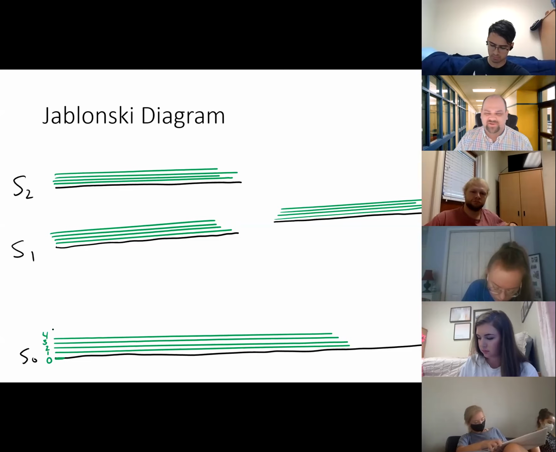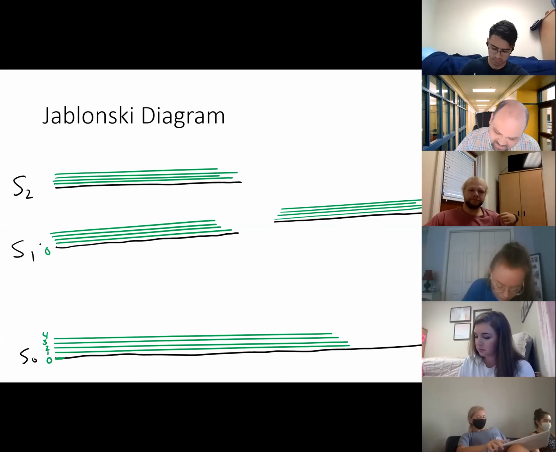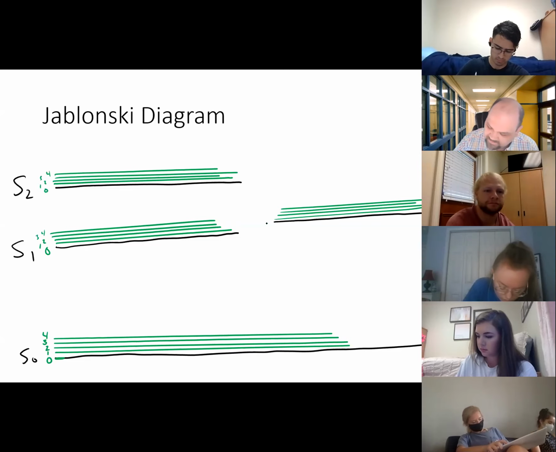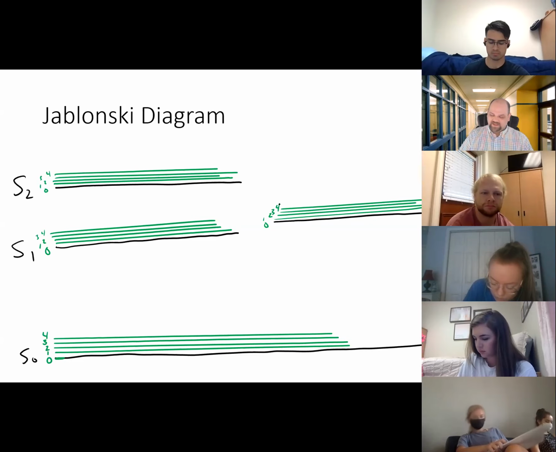Am I just writing so small you can't see anything, or is it reasonable for you? It's good. Okay. 0, 1, 2, 3, 4, again, and that 0 overlaps with the black electronic energy level in each case.